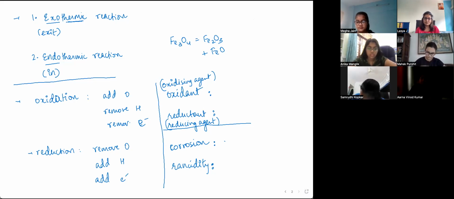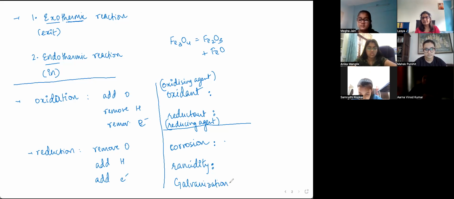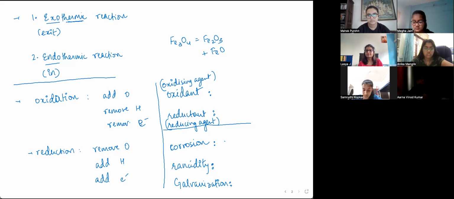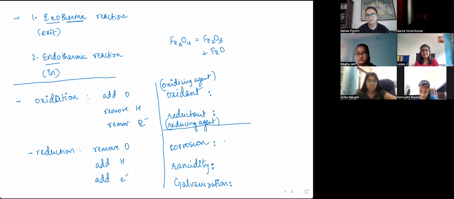Right, and methods to prevent corrosion: you can paint, you can apply grease, alloying. So one specific method is galvanization. What is galvanization? Ashka? Yes, ma'am, it's when we coat the metal with a layer of zinc.